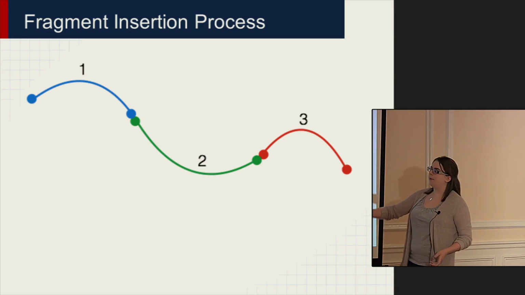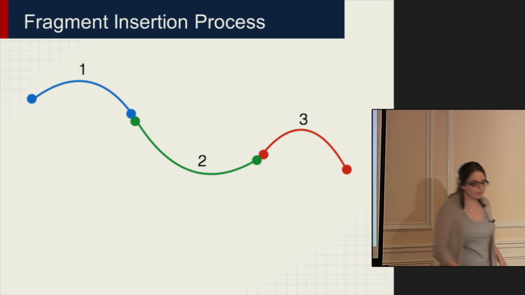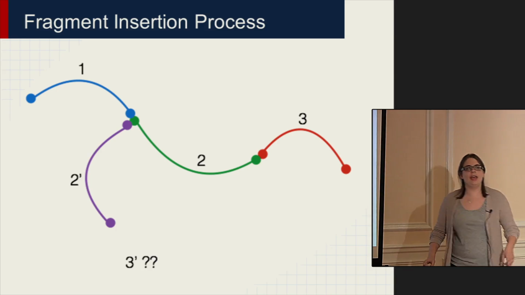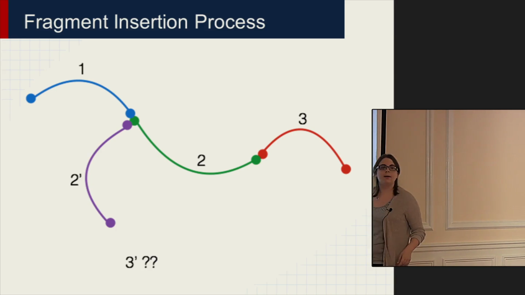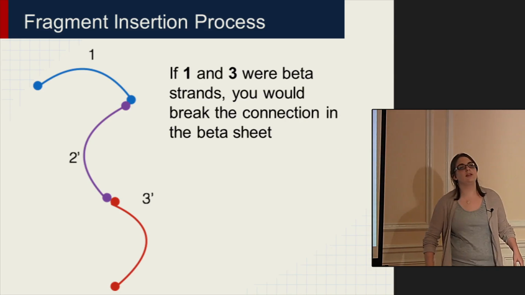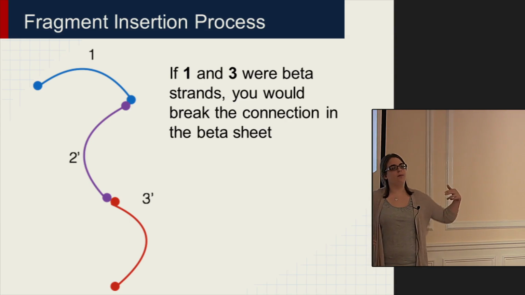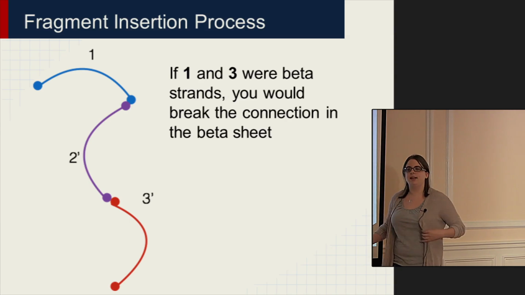Fragment 1 and fragment 3 represent different beta strands. If I were to walk along and change fragment 2, inserting it and updating its coordinates, because we work in internal coordinates, we can figure out where fragment 3 is going to be. This is if you're walking along the structure and updating it from N terminus to C terminus.